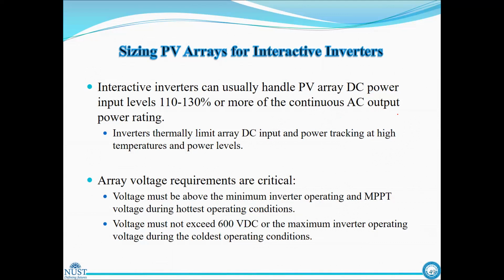Why? Because there are losses in the inverter, and there is another severe condition of the temperature, as the DC input will be varying widely.